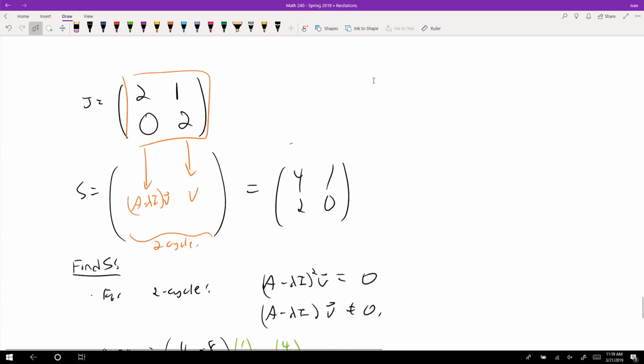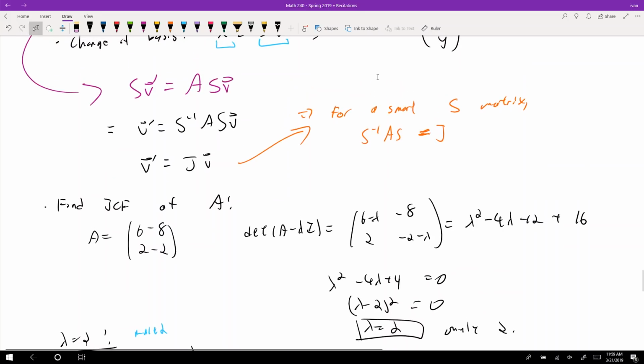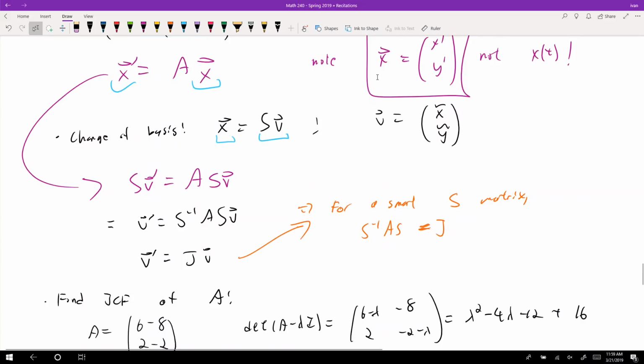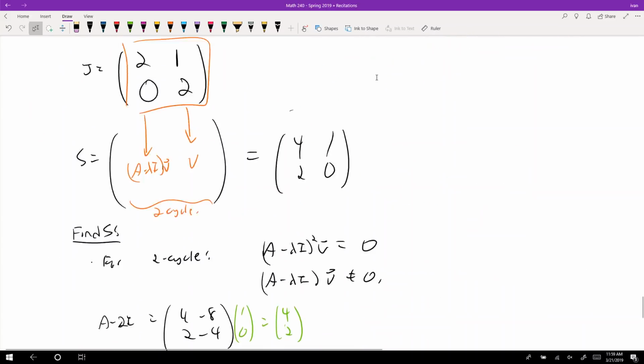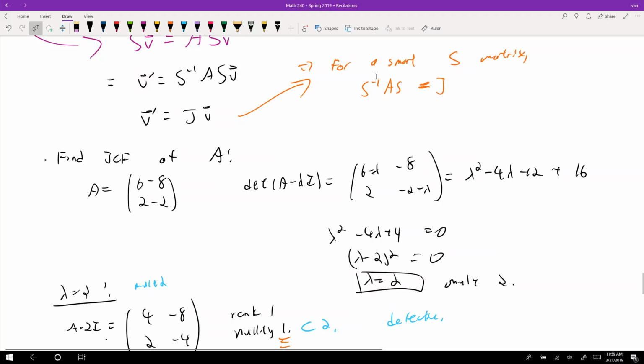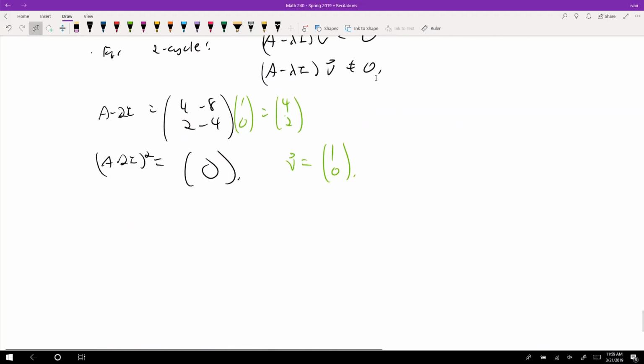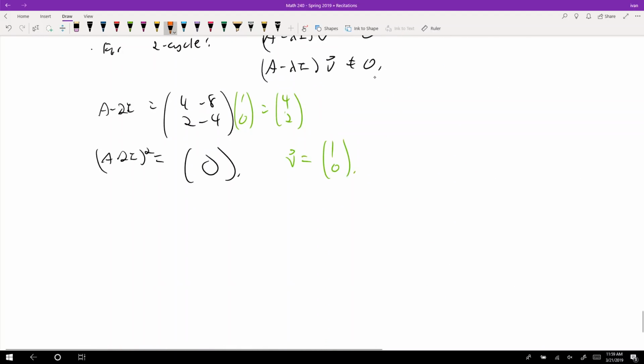Recall from above that we have V prime equal to JV. Now that we found the S matrix and our Jordan form, recall that V prime is equal to JV, and that X is equal to SV.